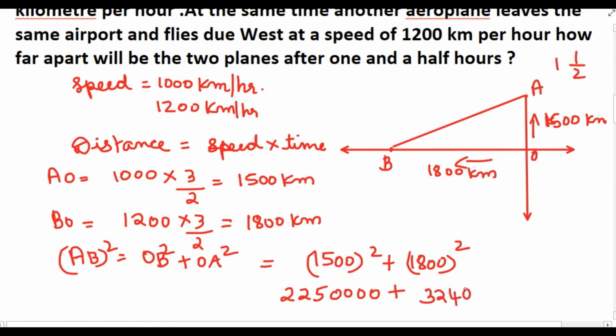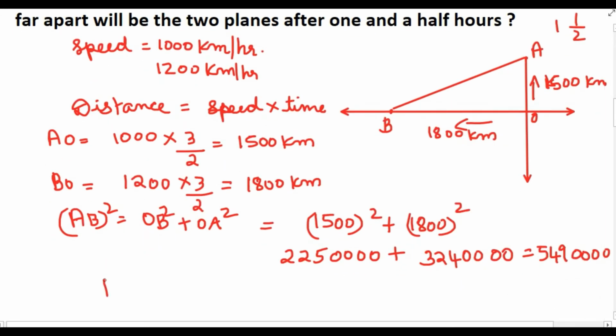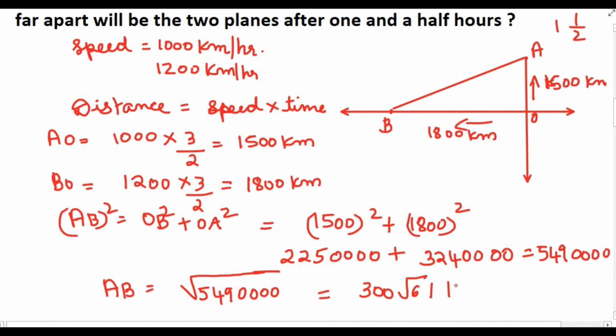Same way 18 square is 324, we have 4 zeros. So when you add this, I have 549 and 4 zeros. But we want AB because we want the distance between those two planes. So AB means I should take the square root of 549 followed by 4 zeros, and this is not a perfect square. So when you do, you'll get the answer 300 square root of 61 kilometer. This is the distance between A and B, or the distance between two planes.